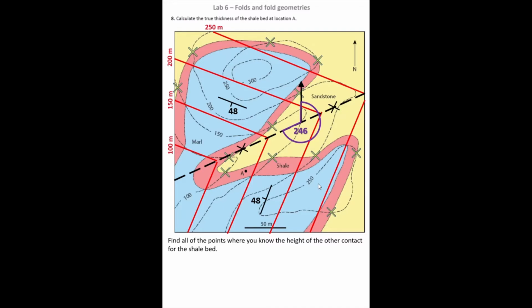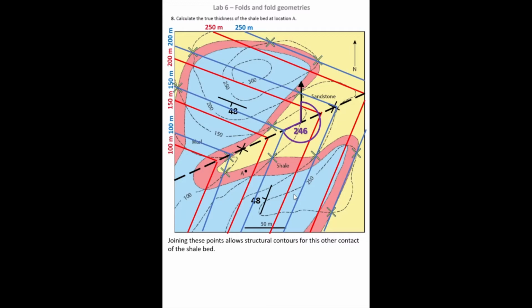So I found all of the points where I know the height of that other contact, and I've marked them on with crosses. And then by joining these points together, I can build structural contours for that other contact.